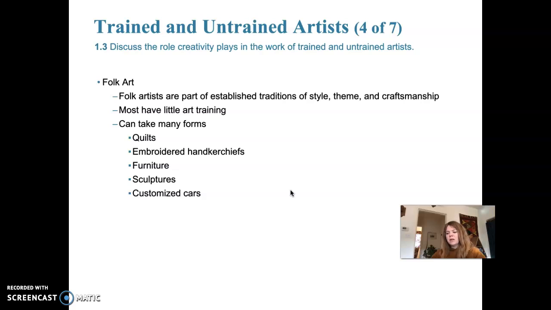So folk art examples include quilting, hand embroidery, sculptures, furniture making, customizing cars. Basically anything made by regular people with little training that's done in some sort of traditional way.